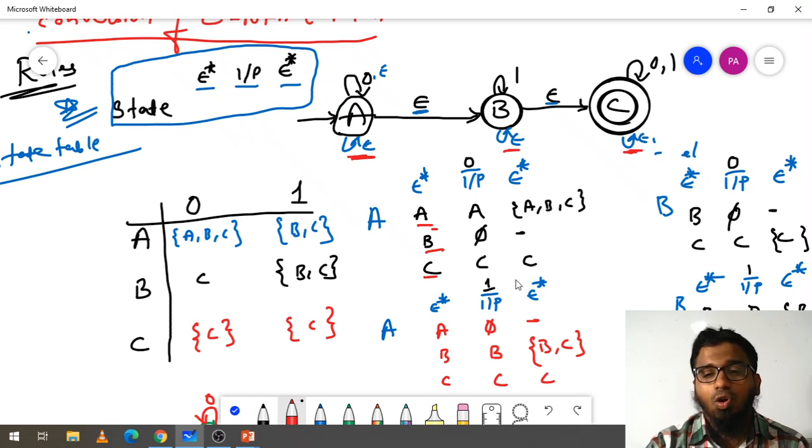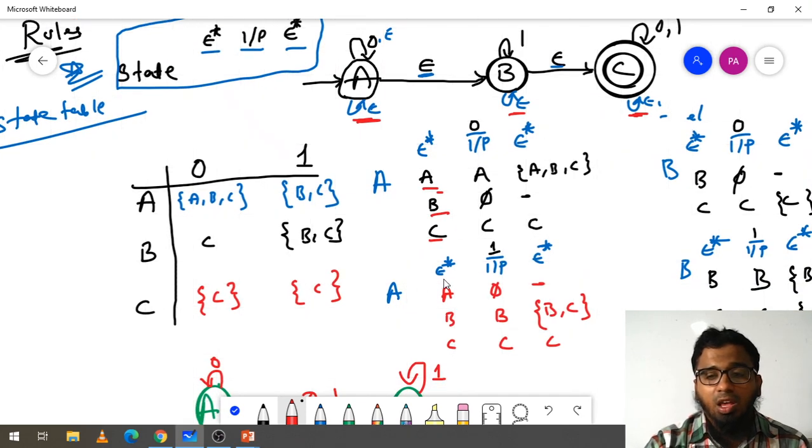This is by default. In the same way, A closure. What is the A closure? Just now I told you ABC. And A on 1, it is not going anywhere, because of that it is phi. Then B on 1 is going to B only, and C on 1 is going to C only. So B on 1 is B. What is the B closure?